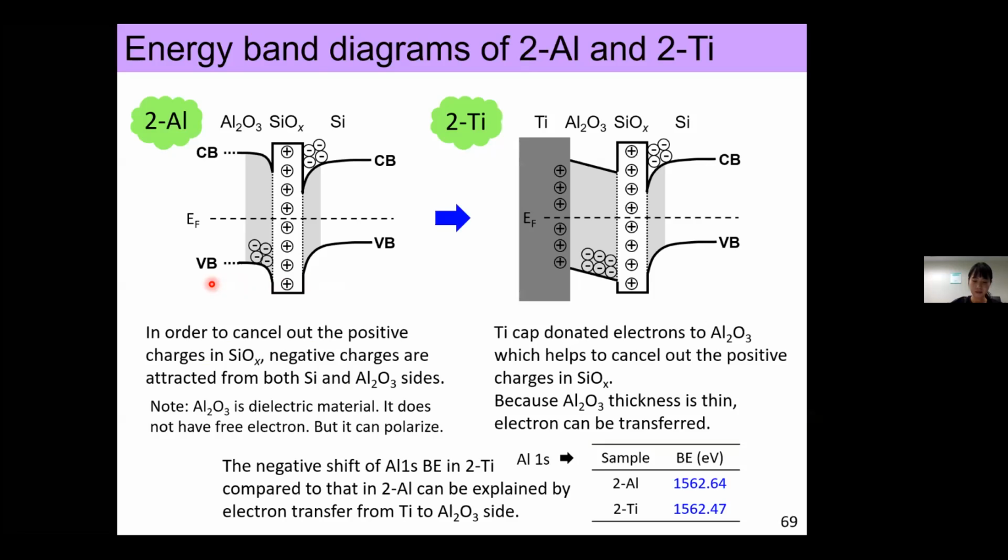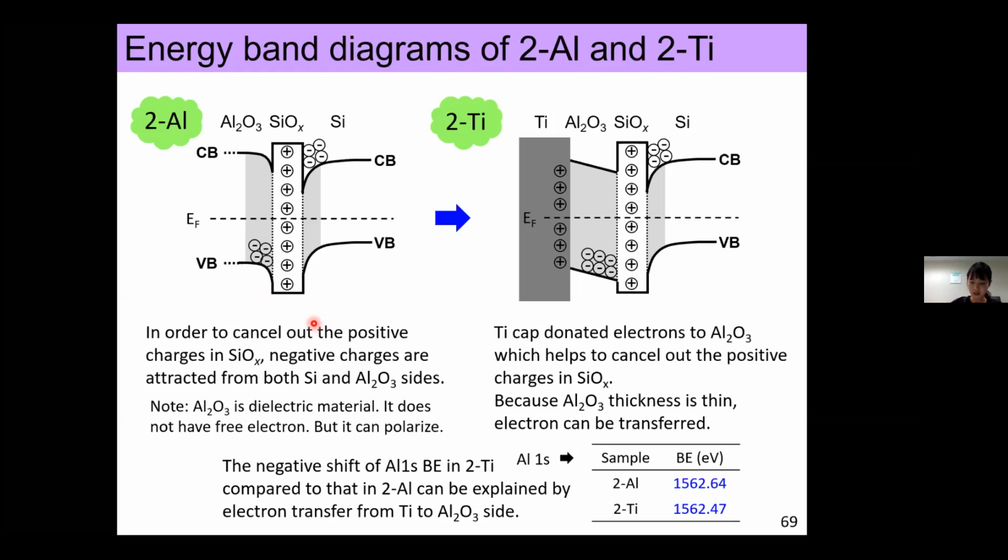So because their purpose is investigation of the influence of oxide thickness on the band alignment, here I'd like to explain each case. So here, gray areas denote location of mobile charge throughout the film stack. In the case of 2 aluminum, in order to cancel out the positive charge in oxide silicon, negative charges are attracted from both silicon and alumina side.